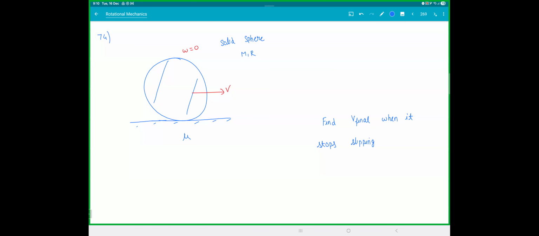There are two ways to do this. One, we can use friction and solve. That goes lengthy, but if you use angular momentum, it comes pretty fast.